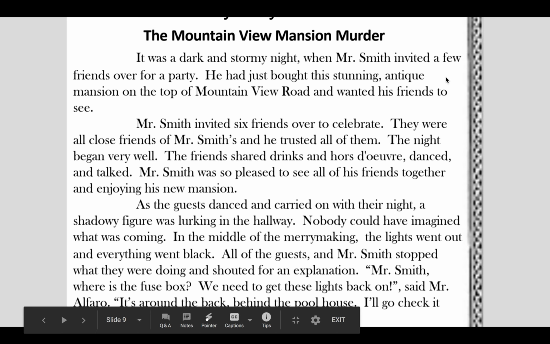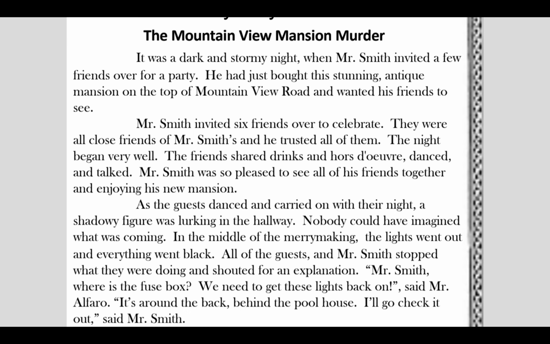I'm going to read the short fiction intro. It was a dark and stormy night when Mr. Smith invited a few friends over for a party. He had just bought this stunning antique mansion on top of Mountain View Road and wanted his friends to see. Mr. Smith invited 6 friends over to celebrate. They were all close friends of Mr. Smith's, and he trusted all of them.